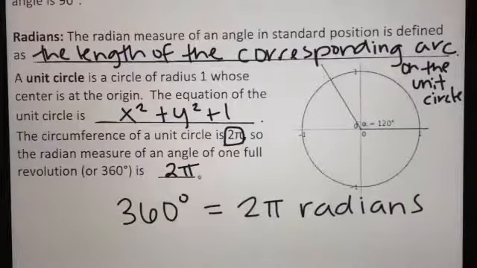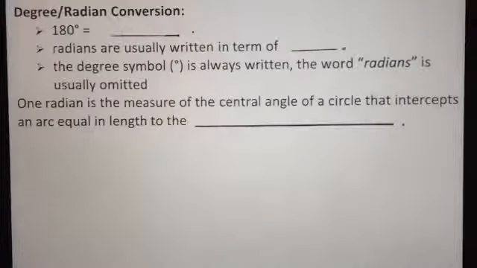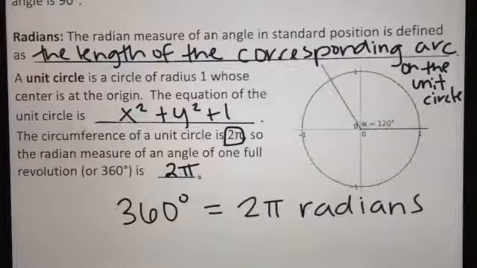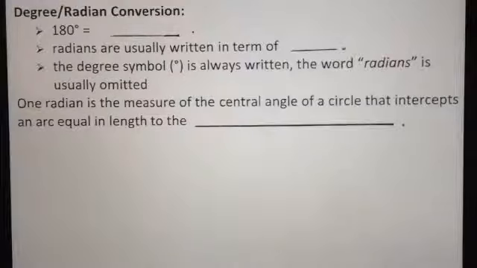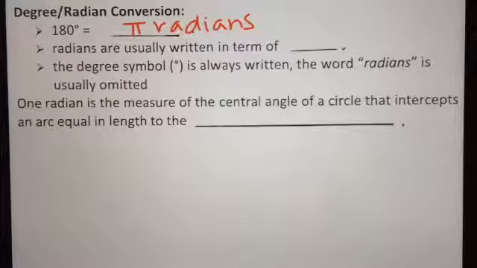All right. Now for the next part, if 360 degrees equals 2 pi radians, we could go ahead and divide these each by 2, and we will find on the next that 180 degrees equals just plain old pi radians. Typically, people don't actually write the word radians. They just don't put the little degree bubble that you see.